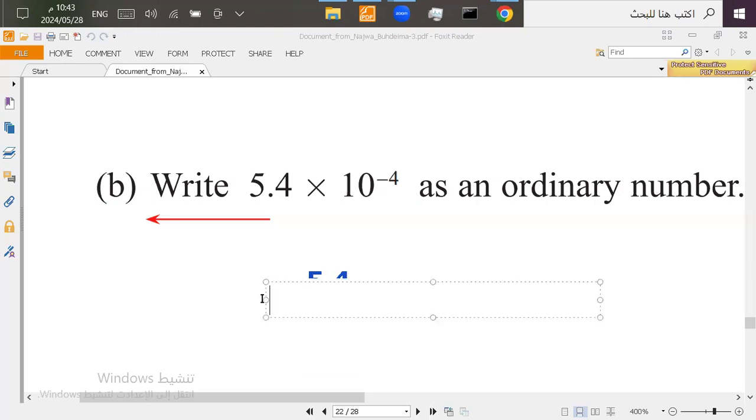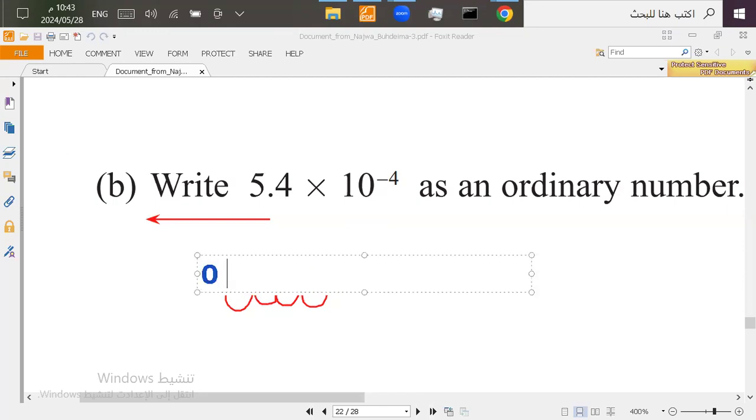So here, we already have the decimal point. I'm going to move the decimal point 4 times to this side. So it's going to move that way. 1, 2, 3, 4. Now, the decimal point will be here. It means there's a 0 before the decimal point and after it, like this, 0 and 0. And in each space you made, you'll have to put a 0.